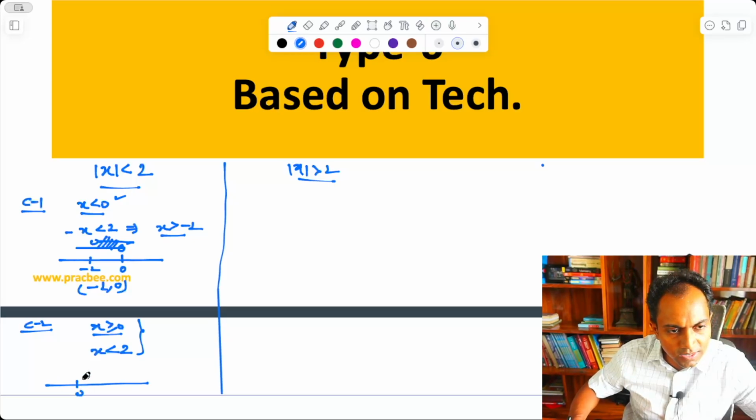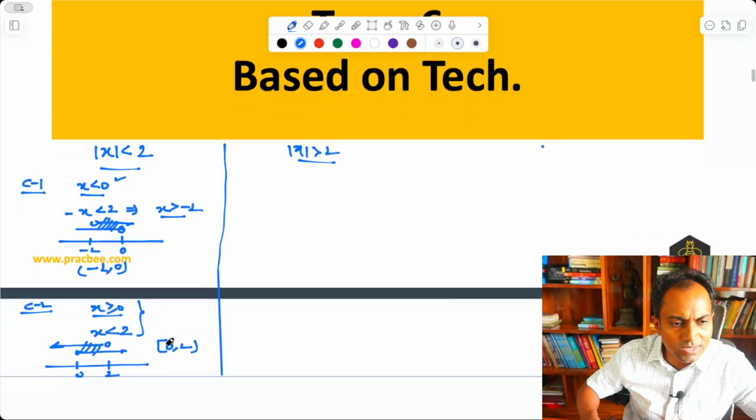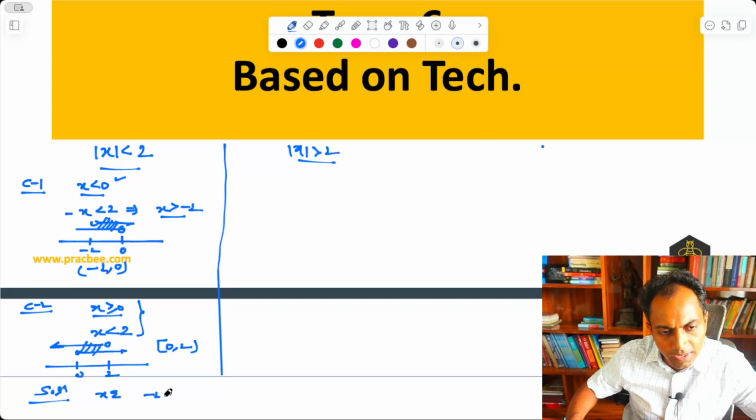So, what we are saying is it should be greater than or equal to 0, but smaller than 2, and as a result we have got the values between 0 and 2. Now, either case 1 or case 2 can happen. So, ultimately we will have to take the union of both of these cases. So, my final solution becomes x belongs to minus 2 to 2, because we have taken the union of both the cases.